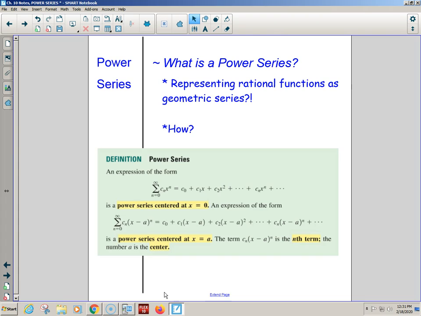And even more importantly, as polynomials when our r is a polynomial. I should put that.